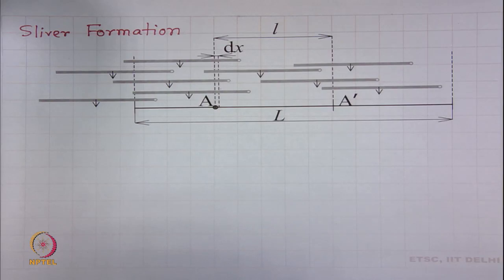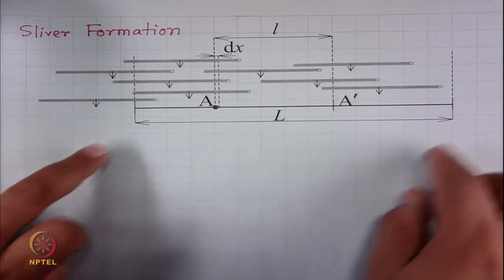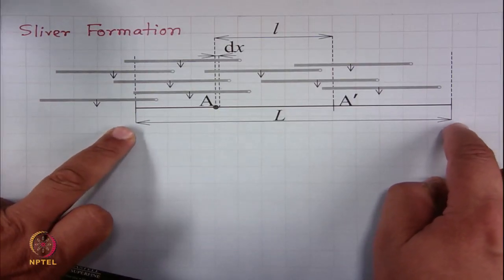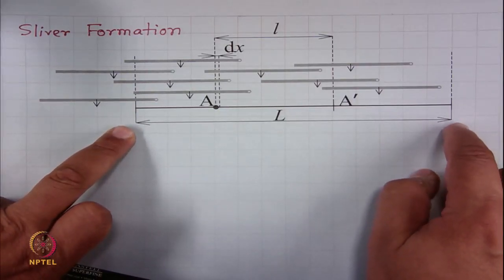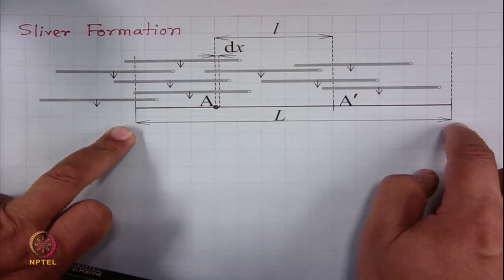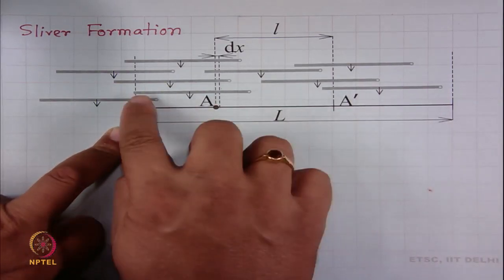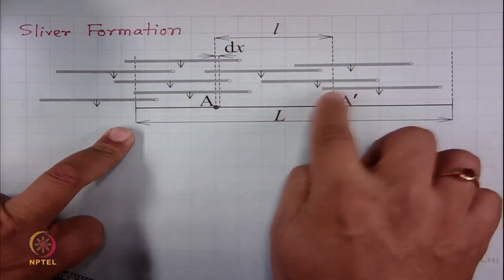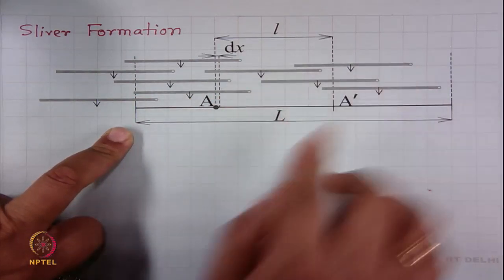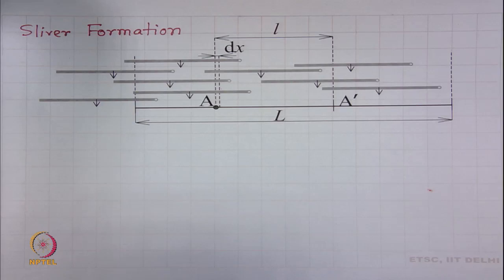What you see in this diagram is there is a length capital L. We will consider this as sliver length. In this length capital L, there are many fibers present. These are the fibers. Each fiber has length small l.